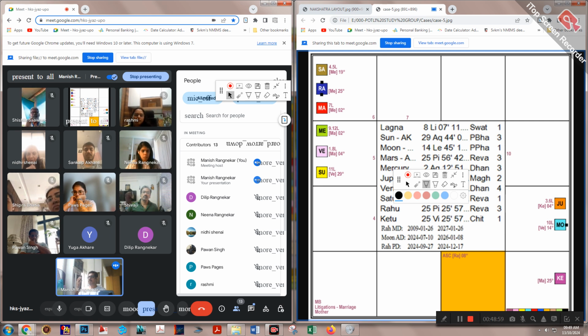So I told you there are 4 things. One is the dasha should be on. Can you see the dasha over here? Bhukti. The antar dasha is on Moon. Correct? Second thing is, which is the rashi of Moon? This is the rashi of Moon. Correct?